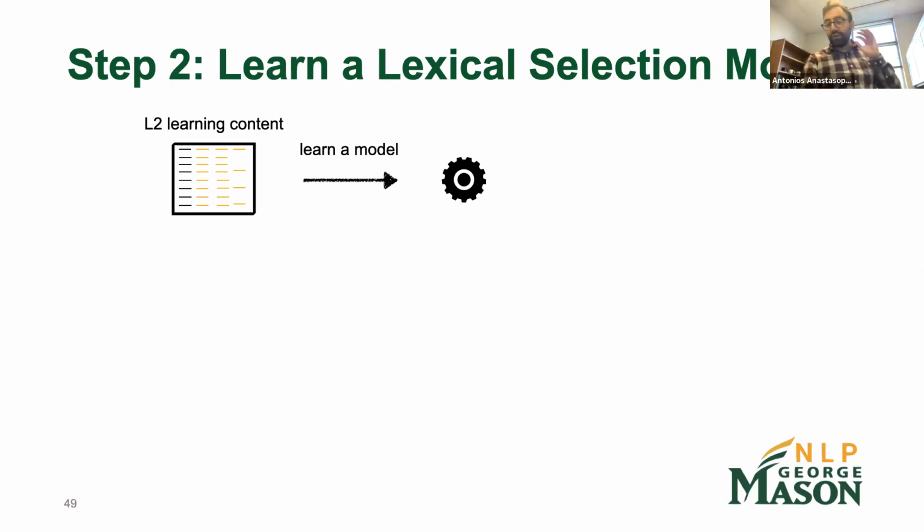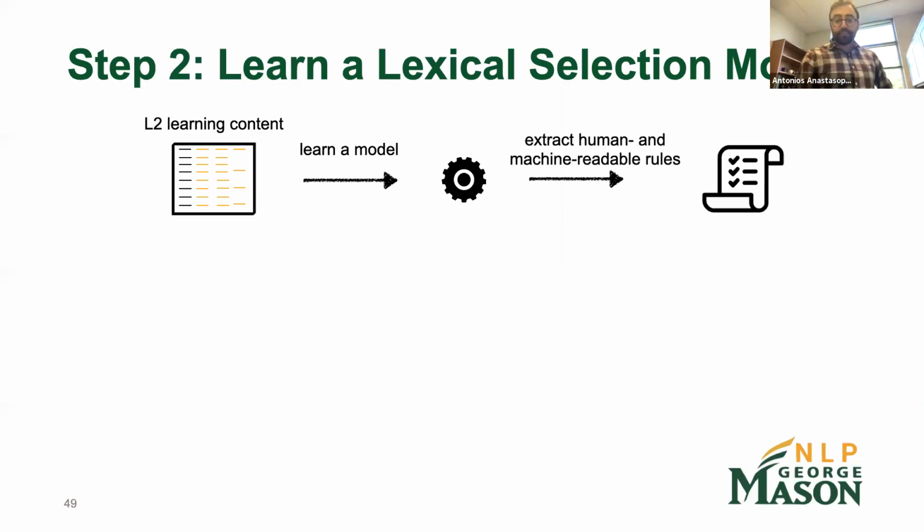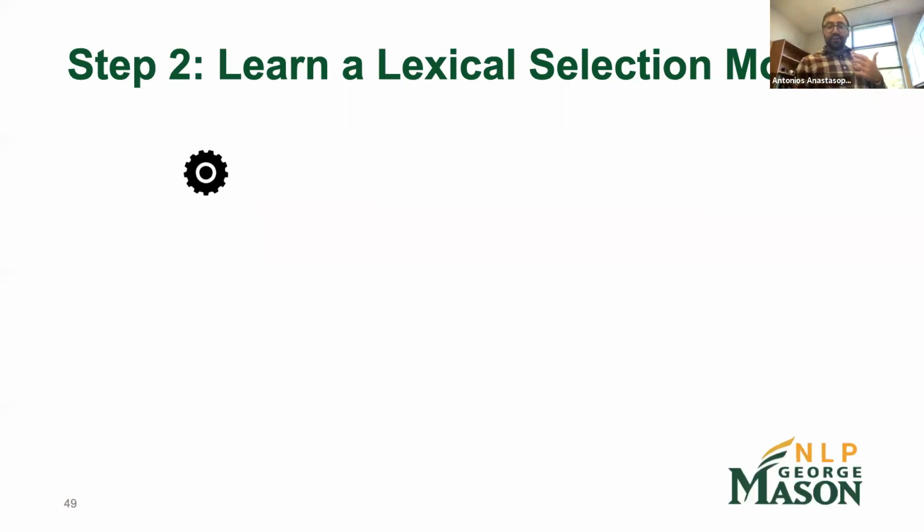This is very similar to word sense disambiguation models, except now our targets are not senses in a monolingual setting, but the corresponding words, the corresponding senses in another language. And then from there, we're going to extract the rules. So how do we learn such a model?